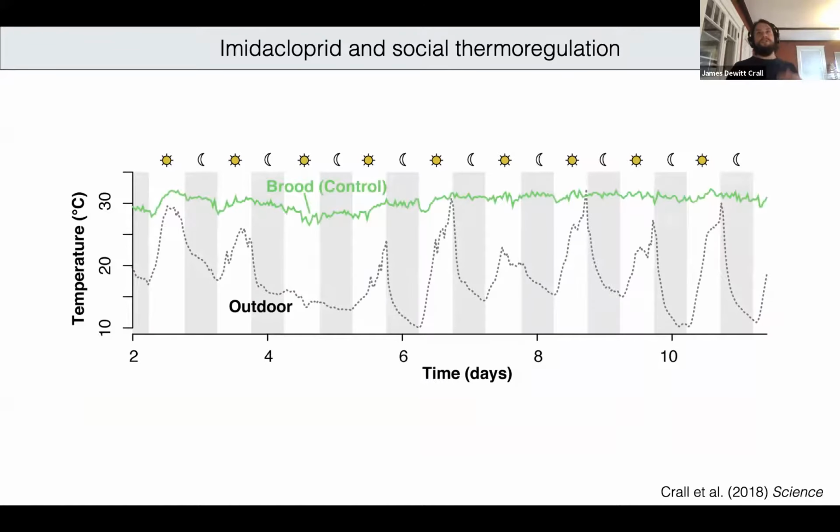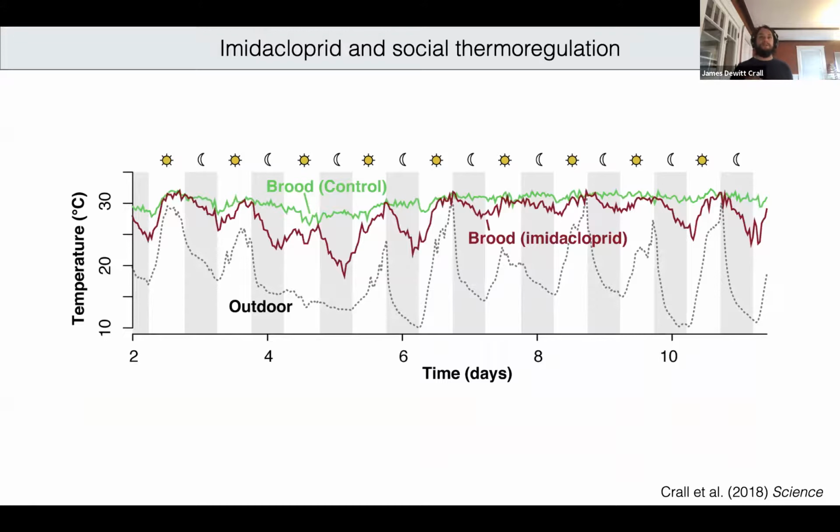And you can see in a control colony, they're doing a pretty good job. There's some fluctuation, but in general, they're keeping that temperature within a few degree band of optimal growth. But now if we compare this to an imidacloprid exposed colony, we see much more substantial fluctuations in the brood temperature. So an impaired ability to homeostatically regulate that temperature within a narrow range.